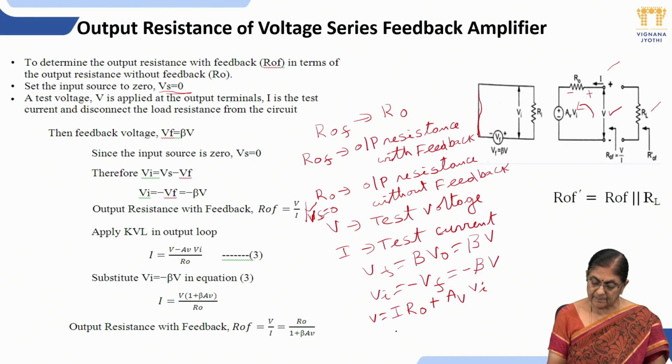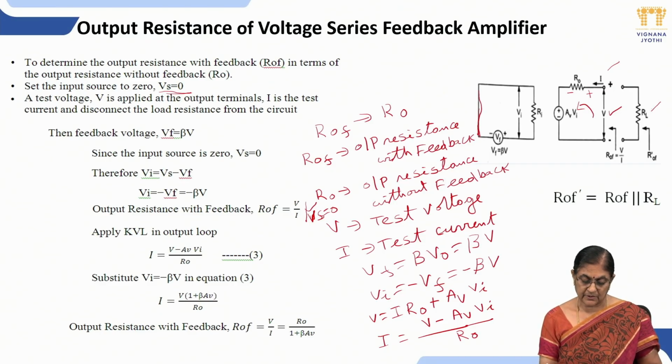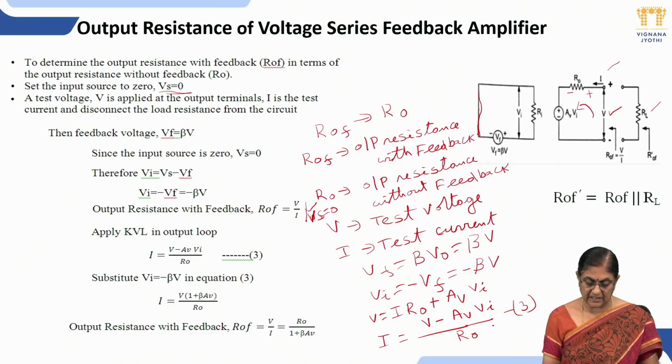From this expression, what did you get? I is equal to V minus AV into Vi divided by R0. Now Vi is equal to minus beta V. Substitute Vi is equal to minus beta V in equation 3.